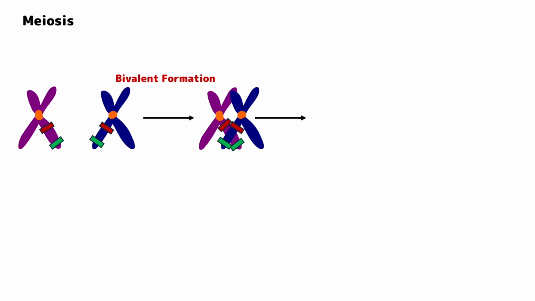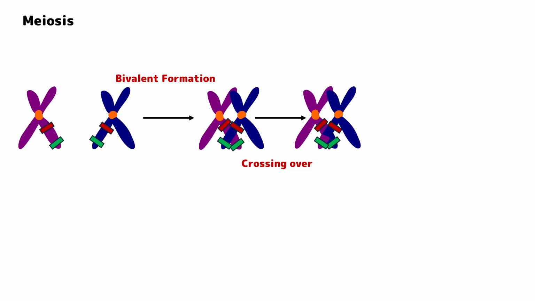Now what they can do is actually switch their genetic material. At the homologous parts of their chromosomes, they would switch each other's parts, and as such this process is called crossing over.